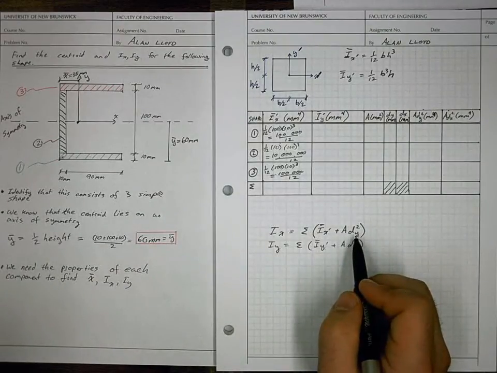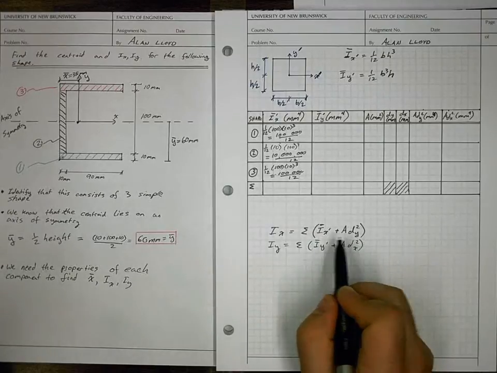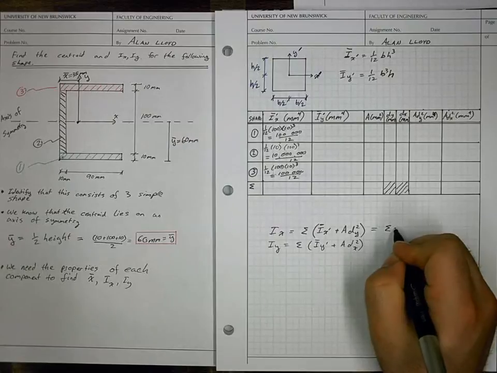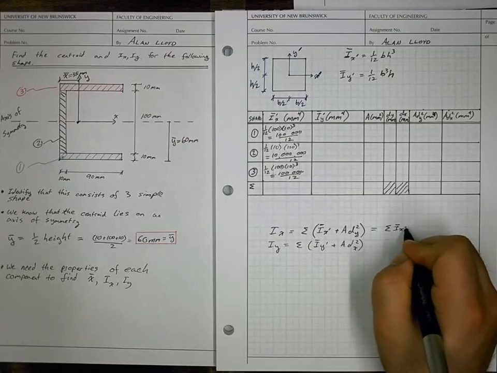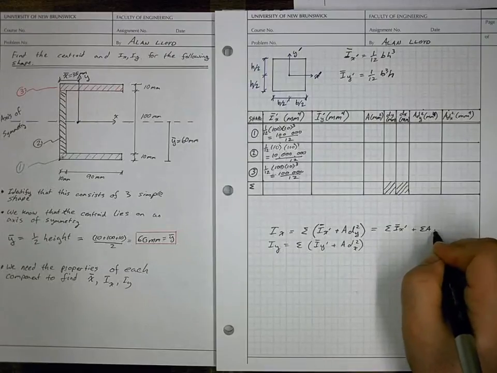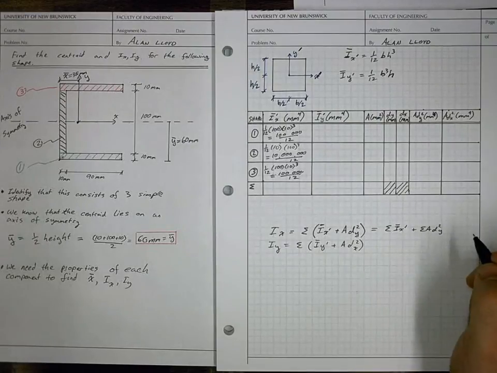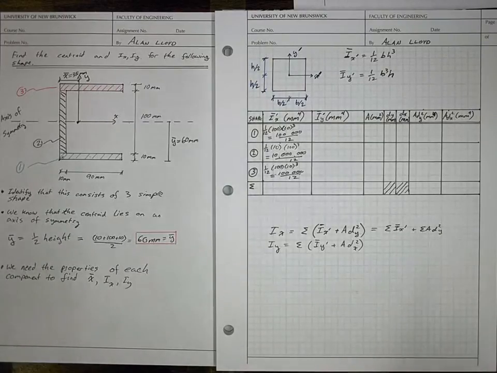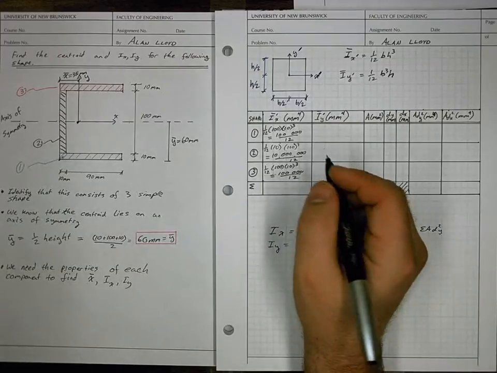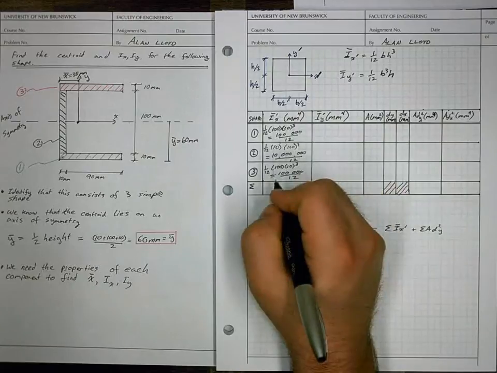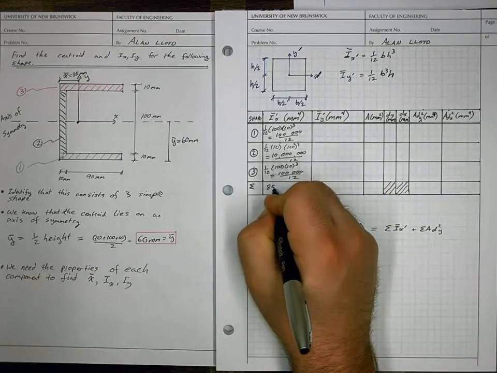Well, this is the sum of a sum, so we could break this out and say that this is equal to the sum of I bar x prime plus the sum of area times d y squared. Finding the sum of all the local moments of inertia is a valuable quantity to us. And if we added all those up, we would see that we'd be at 850,000.